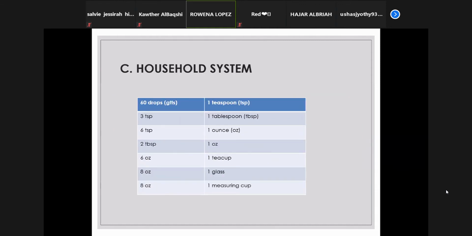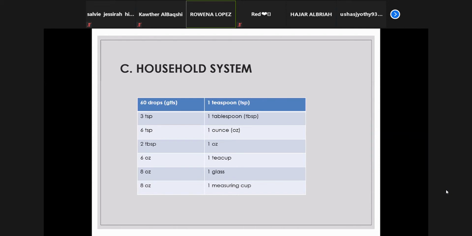So let's talk about the household system. The household system is very important because when you are feeding your patient in the hospital setting, you are using spoons, glasses, tea glasses, and also containers of food, like the yogurt or the juices.